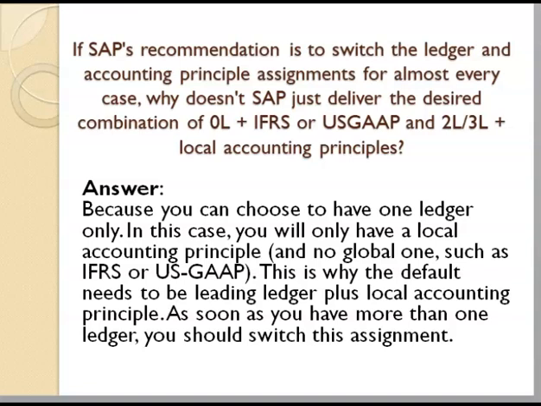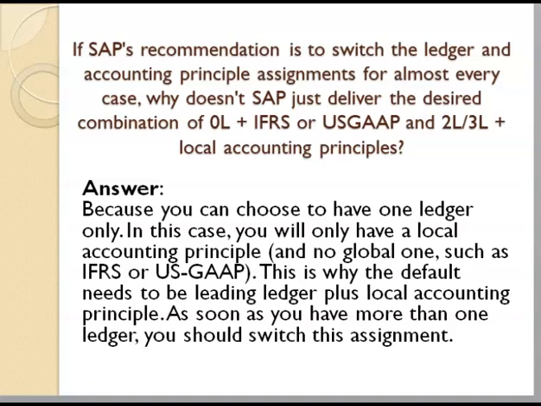If SAP's recommendation is to switch the ledger and accounting principle assignments for almost every case, why does SAP not just deliver the desired combination of 0L plus IFRS or US GAAP and 2L/3L plus local accounting principles?